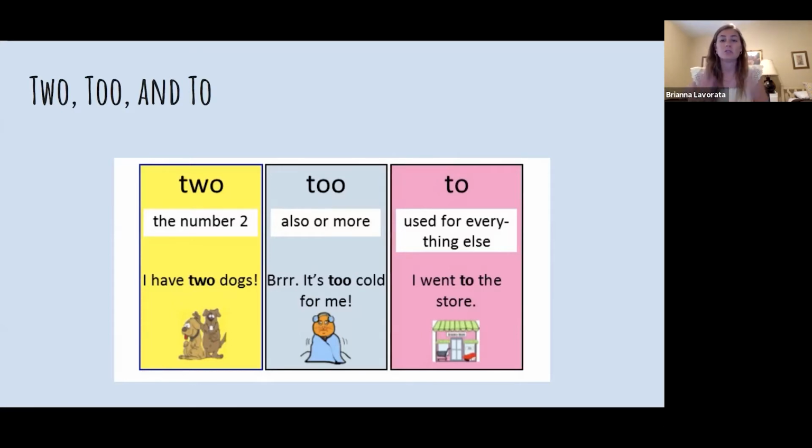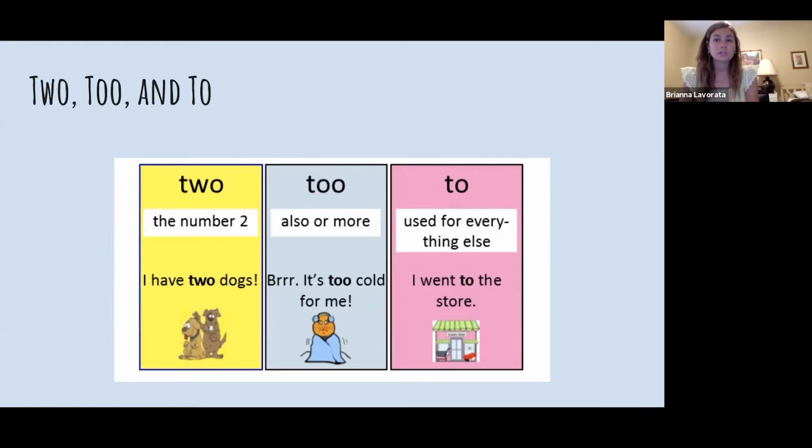Just think of it as using more, or really trying to express the way that you're writing with the word too. And then we have T-O, okay? This is going to be used for everything else. This is going to be, I went to the store. My mom went to the park. I want to go to the park. I want to go to the store. I want to eat lunch.